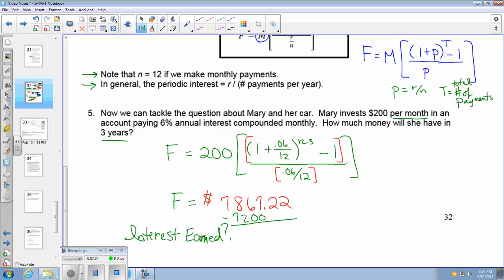So if we subtract that from what she has after the 3 years, we're going to get a difference of $667.22. So this is the amount of interest that she made by putting all that money into her account every month for 3 years. And this right here, just as a reminder, was the total over 3 years of payments.